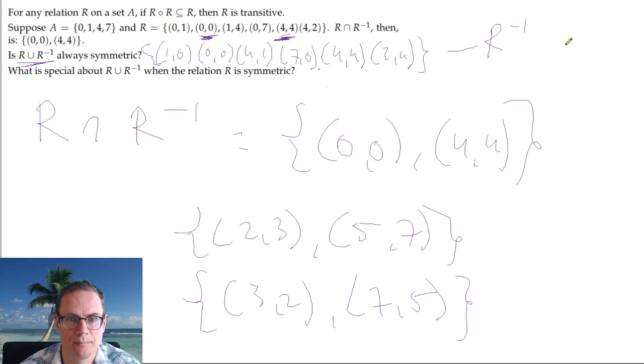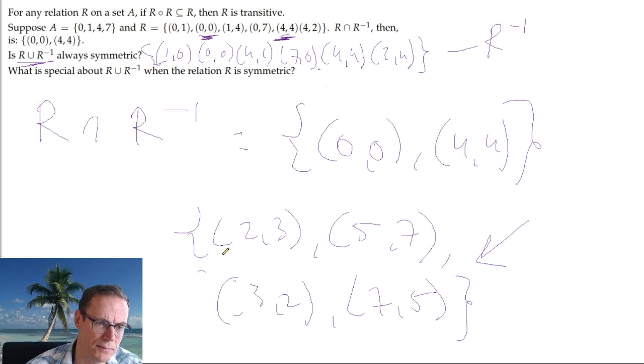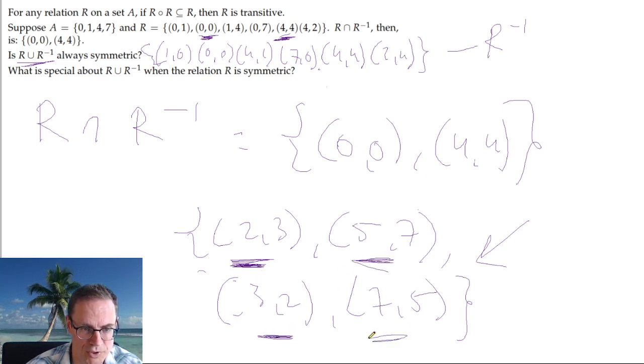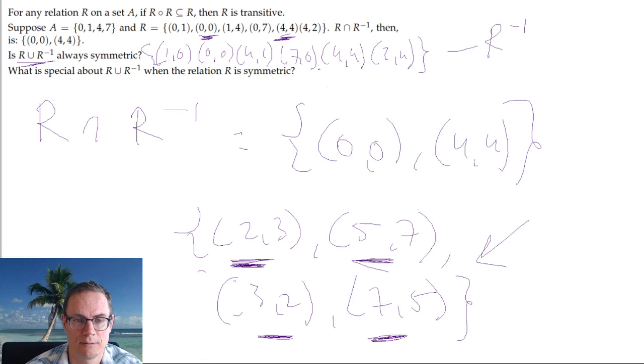So I'll just erase this curly bracket and that. Okay, now is this symmetric? Well, symmetric means that for every ordered pair in the relation, the reverse ordered pair is there too. And it is, because we just put it in. So the answer is yes. That is correct.